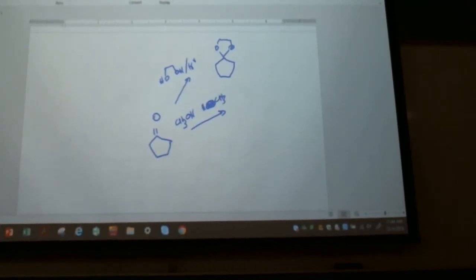Rather than these two being connected together, you're just going to have them like that, right? They could be together or separate, but this is a way of protecting a ketone as the acetal or ketal.